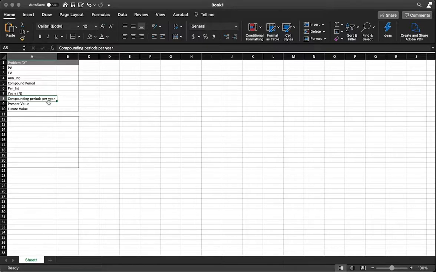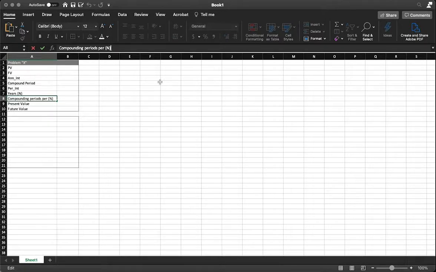And then we have compounding periods per year, which will be, let's change this, compounding periods per N. So that's going to be how many compounding periods we have in a year times how many years we have.